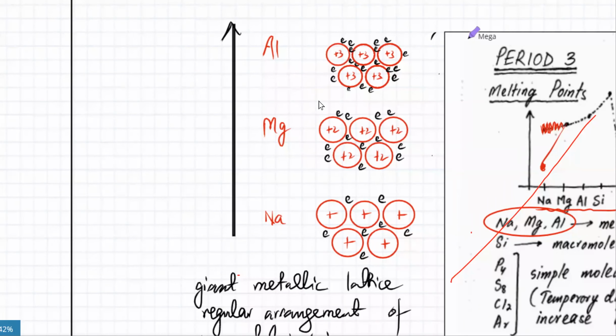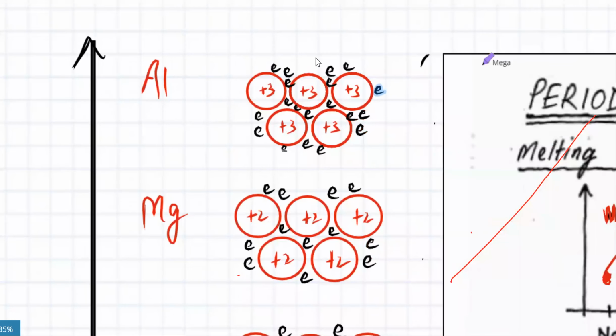What is a metallic bond? It's the attraction between the positive ions and the delocalized electrons. Like this positive ion over here, it's going to attract the delocalized electrons. The electrons will attract the positive ions. They're all attracting each other. So the greater the charge and the greater the number of electrons, the greater would be the attraction.